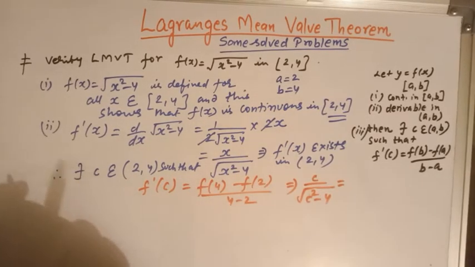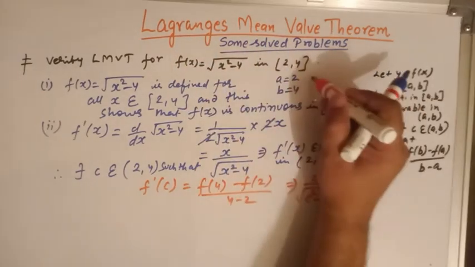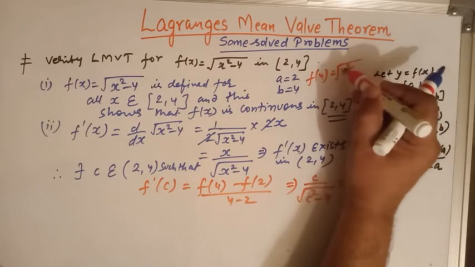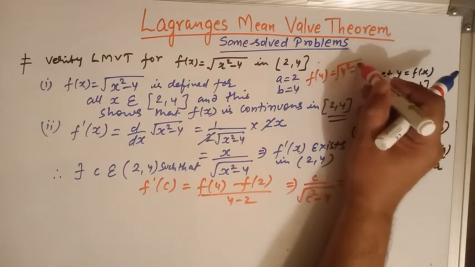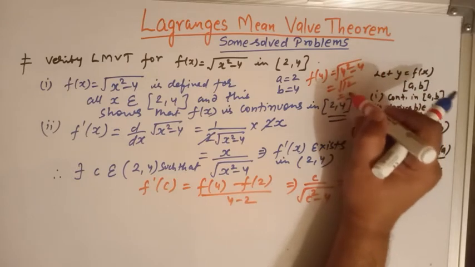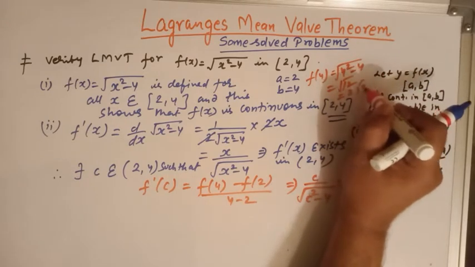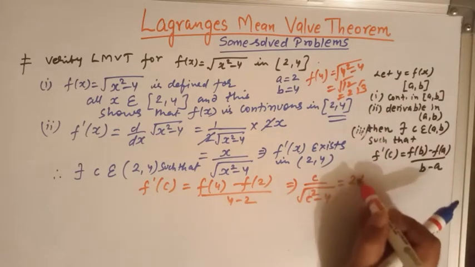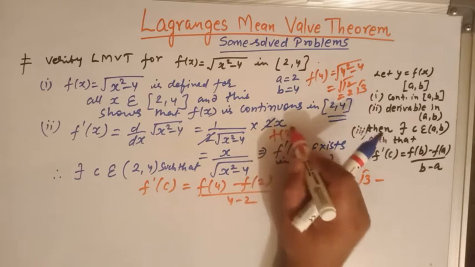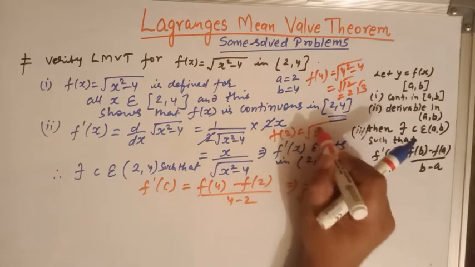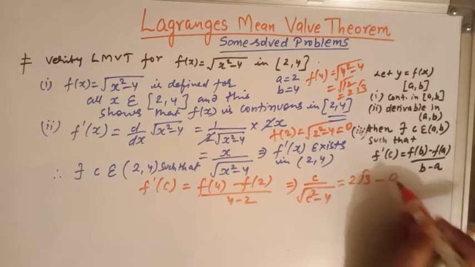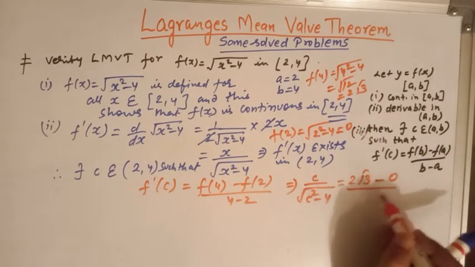So here we can calculate f(4). f(4) is square root of 4 square minus 4, which is 16 minus 4, root 12, which is equal to 2 root 3. Clear? So we have 2 root 3 minus f(2). f(2) is square root of 2 square minus 4, which is 0. Clear? So we have 0 here, divided by 2.